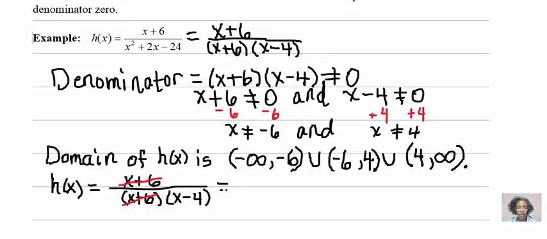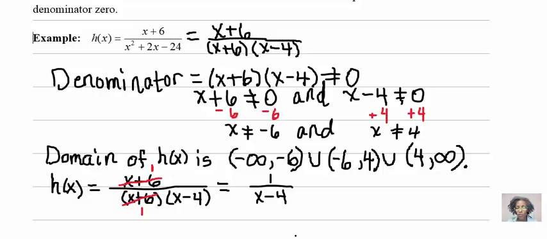So when I divide the numerator by x plus 6, I'm left with a 1 in the numerator. When I divide the denominator by x plus 6, I'm left with 1 times x minus 4. So the result is 1 over x minus 4.